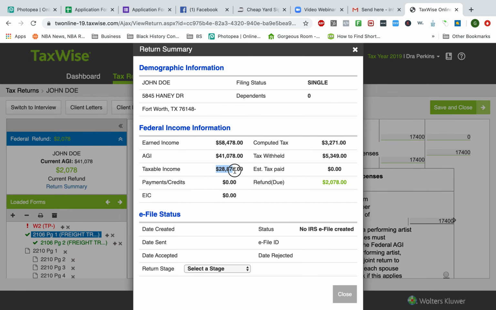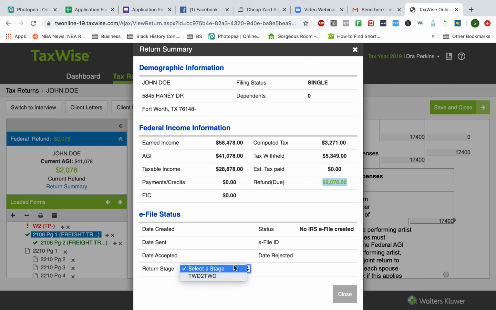So you see this number? That's his taxable income. All right. So this is how much the IRS is charging him per rate. So this is the amount of money that is actually being taxed. It's 28,878. It was just at 40,000, so therefore it's less money he's being taxed on and more of an opportunity for him to get a tax refund.